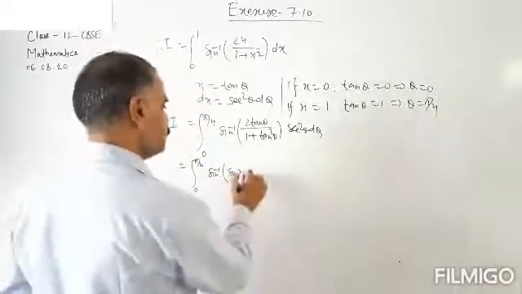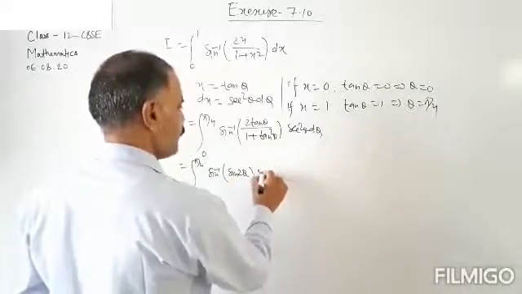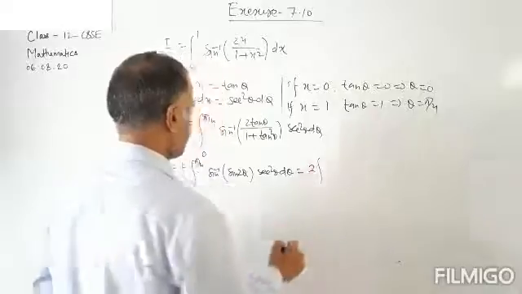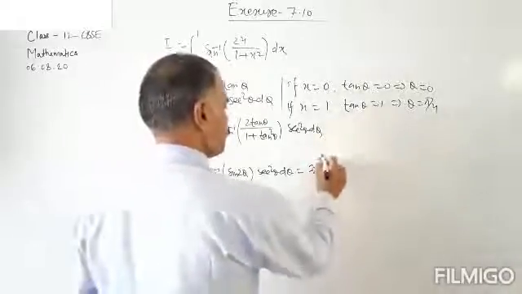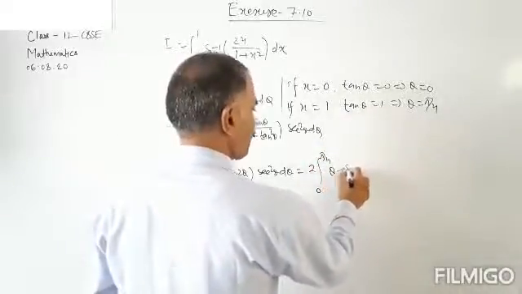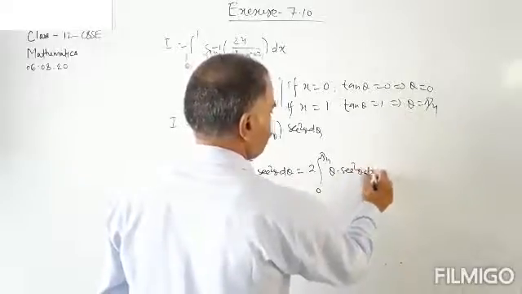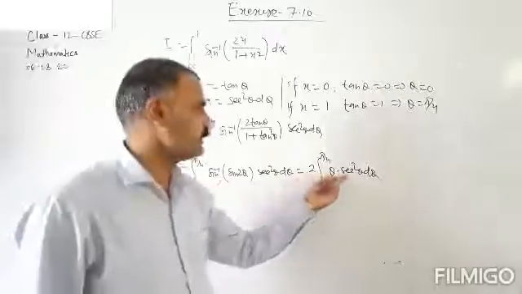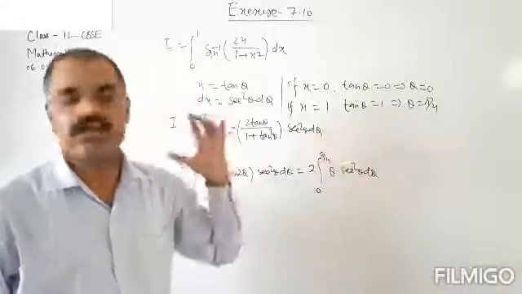So sin inverse of sin 2 theta times sec square theta d theta equals 2, outside the integration, 0 to pi by 4 theta sec square theta d theta. So the new integration is theta sec square theta d theta.